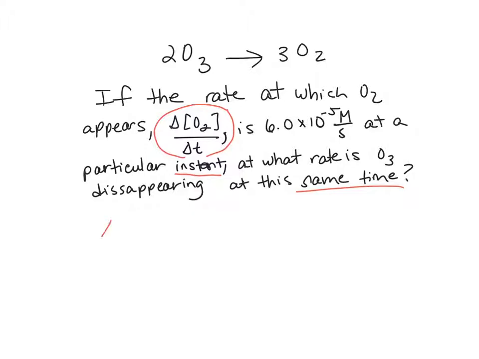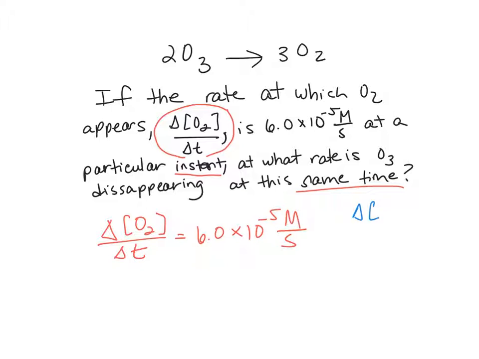So this is telling us that our change in the production of oxygen equals 6.0 times 10 to the negative fifth molarity per second. And we're asked to find, at that time when this is happening, what is the change in the disappearance of ozone over time. This is what we want to find out.